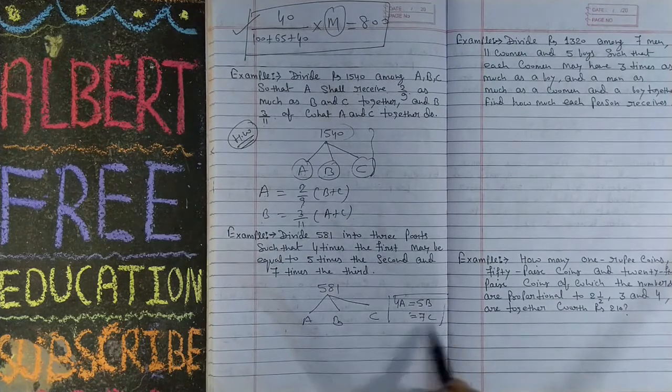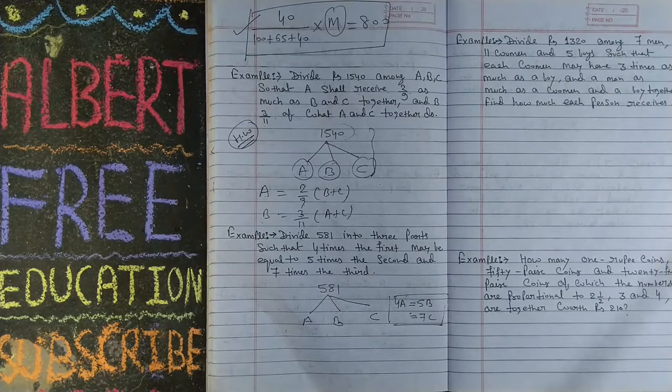He has given you this. You have to divide 581 in 3 shares such that 4 times of this is equal to 5 times of this and 7 times of this.